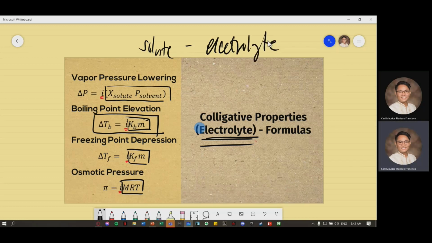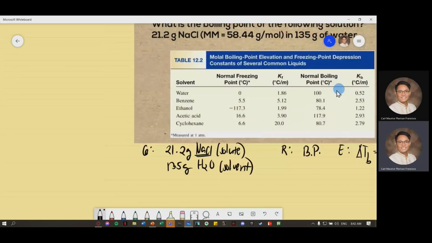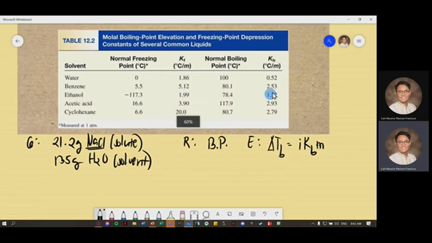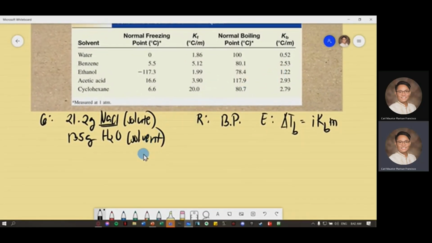Likewise, when the solute is a non-electrolyte, you will use the non-electrolyte colligative property equations. So dahil ang solute natin sa problem na ito ay NaCl, electrolyte, I will have a Van't Hoff factor. Okay, so let's check if the following given are provided.